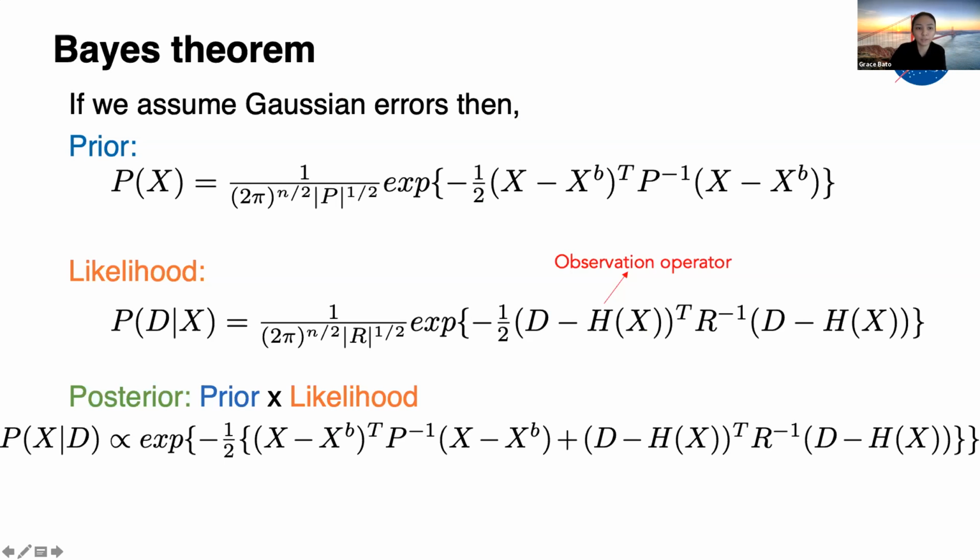For the prior, we can write it this way, and the likelihood function we can write it this way. And you see it's within an exponential function. If we multiply the prior and the likelihood function, since they're within the exponential, it's basically just the sum of the terms within the curly brackets here. So the posterior is just the sum of this one and this one.